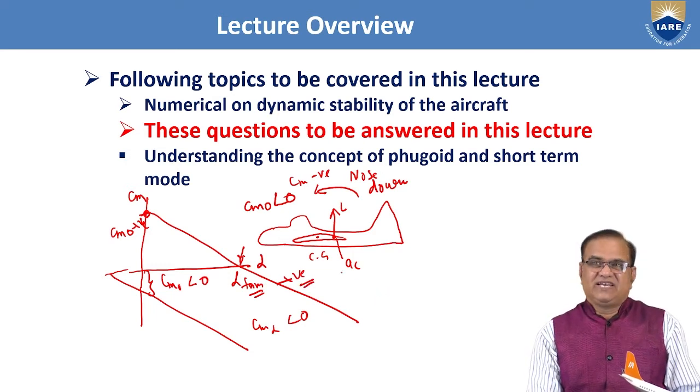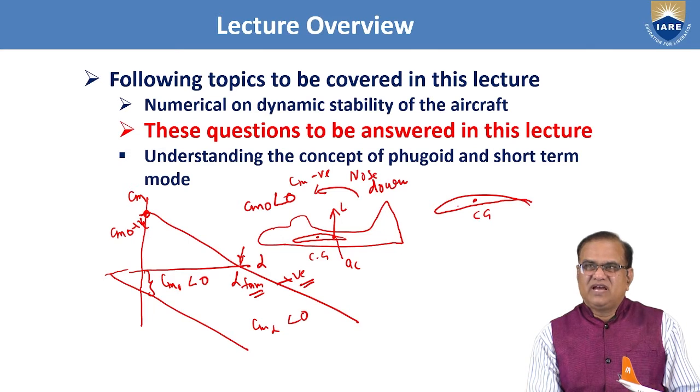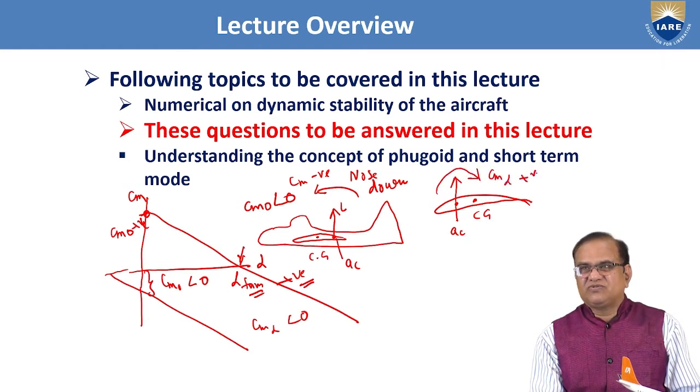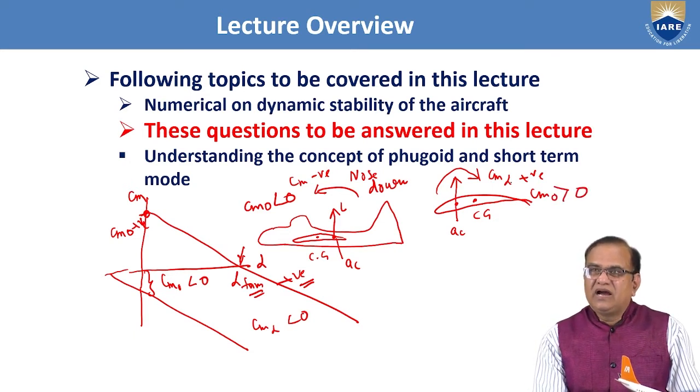So how will we get that? In most aircraft, this is the CG of the aircraft and this is the AC. Always this lift will be like this. Cm will be generated, Cm alpha will be positive and Cm0 also positive. But how can we make this Cm alpha negative?